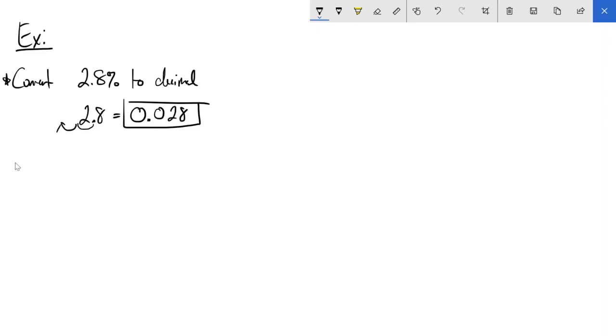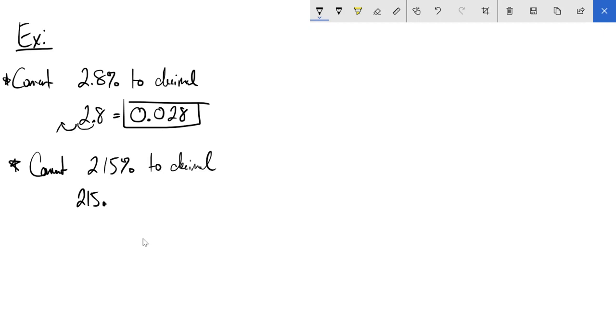All right. How about if we had 215%? I'm starting with 215. Where's my decimal place in a whole number? It's at the end, right? Right now there's a decimal place sitting after the 5.